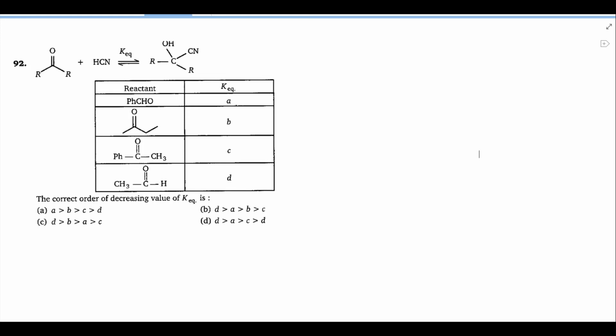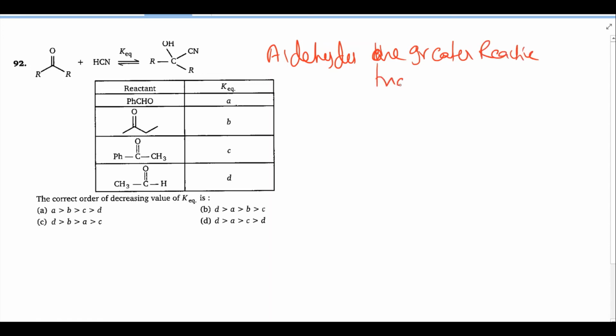Here, very simple question. This is question number 92. They are asking which is more reactive towards nucleophilic addition. The nucleophilic addition I already told you, and aldehydes are greater. Okay, aldehydes are more reactive than ketones.